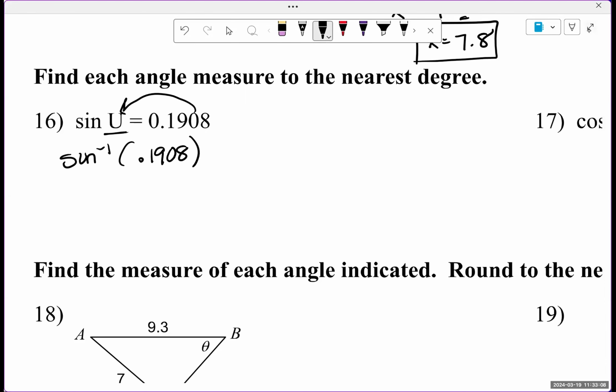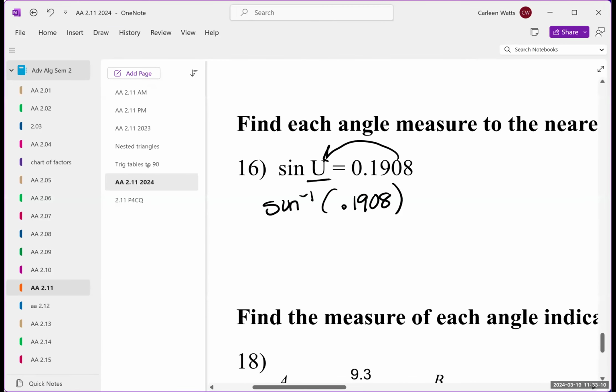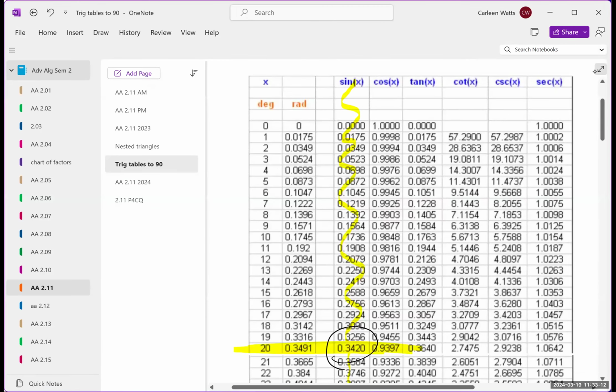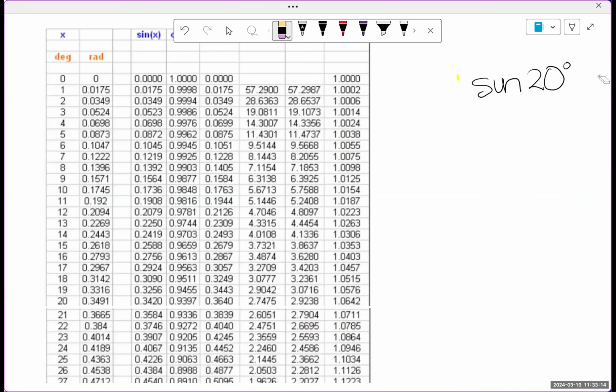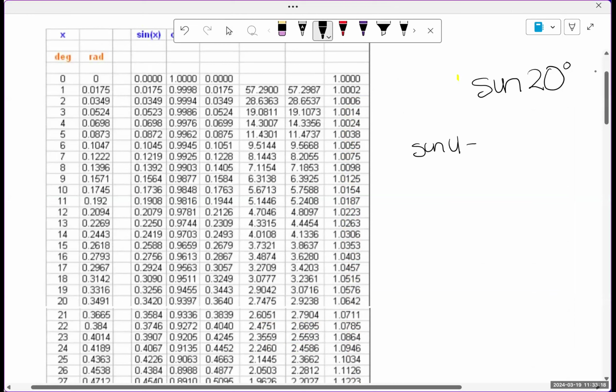Okay, let's go back and look at that trig table. The sine of some angle is 0.1908. What is the angle?